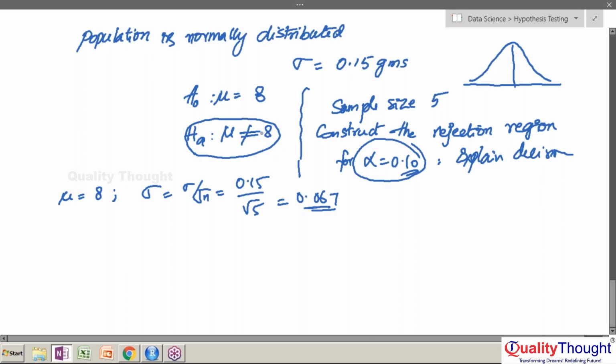So I'm going to make alpha divided by 2 equal to 0.10 divided by 2, which is 0.05. Understand? So now you tell me, what is the Z value for 0.05? Z 0.05 is equal to what?